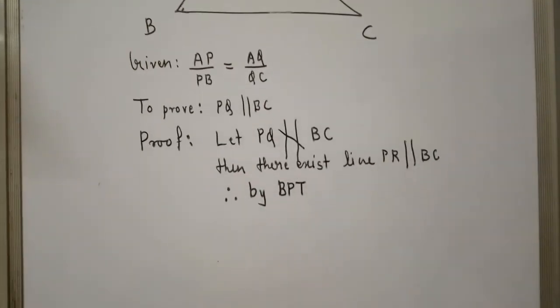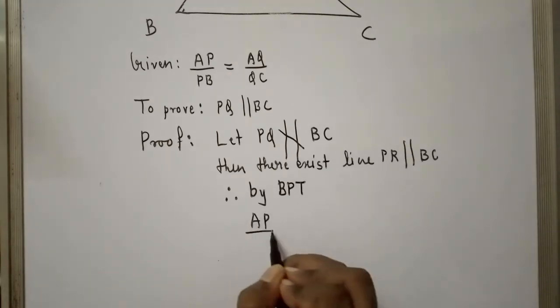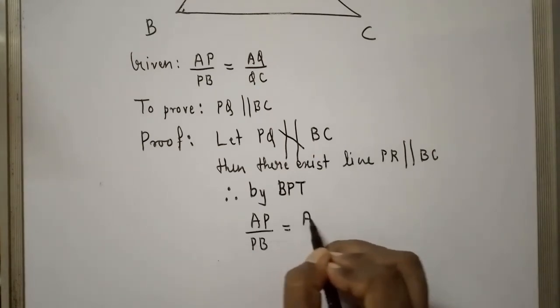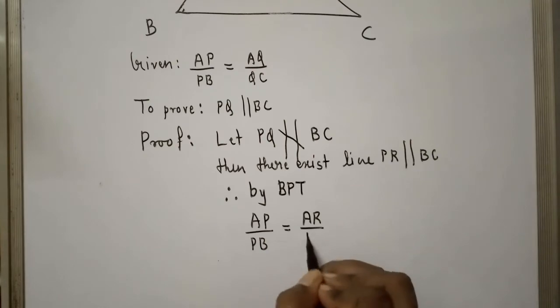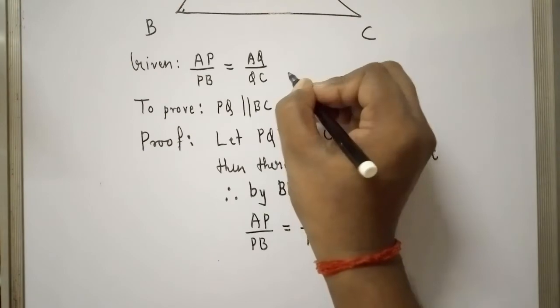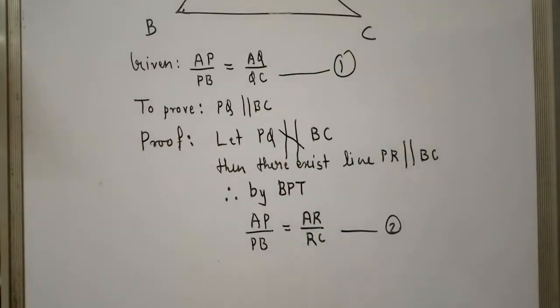Let's label this as 1 and the given as 2: AP by PB equals AQ by QC.